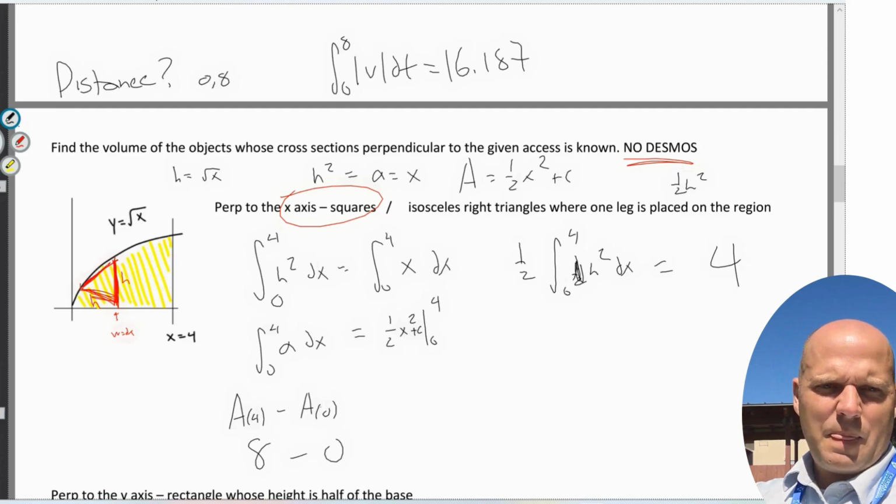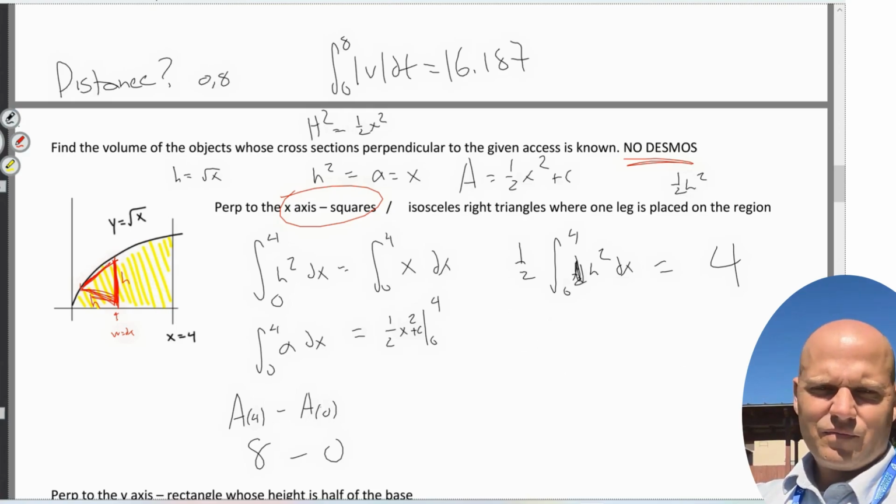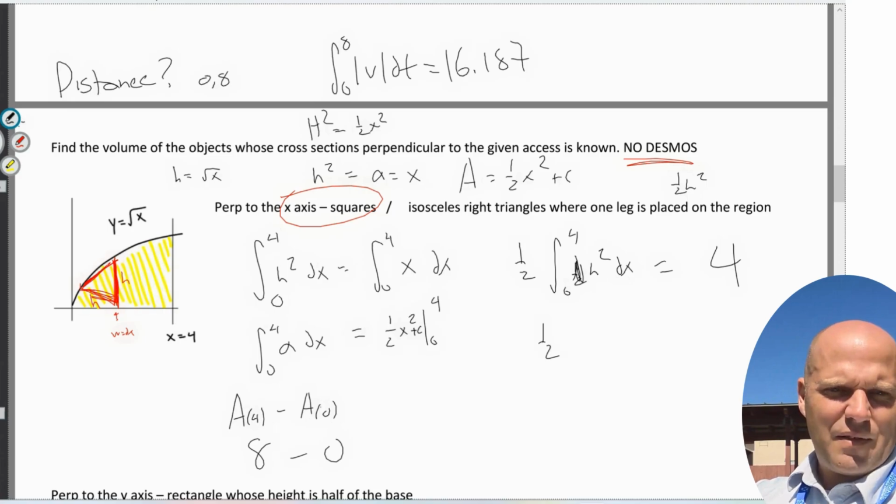This 1/2 can come out. I would have super h squared of 4 minus super h squared of 0. I'm not sure if that's good. I don't know. Super h squared is going to be equal to 1/2 x squared. I kind of like that. Whatever. So yeah, it's 1/2.